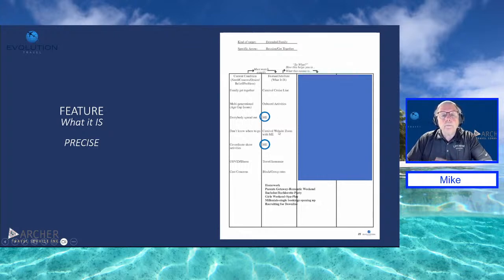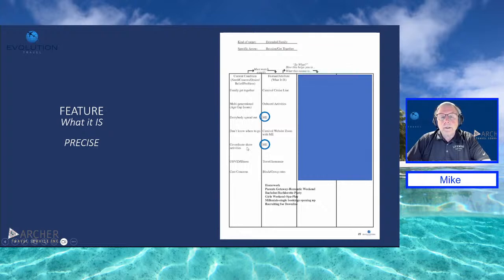in your presentation to them, say, hey, look, we don't know where to go, but I've got a lot of ideas, and we can go to the Carnival website all together. We get all the interested parties together at a specific time, and we'll go on the Carnival website, and we'll do a Zoom call, and we can take a look at all the cruise options that are available, and then you can decide which one's the best for you.